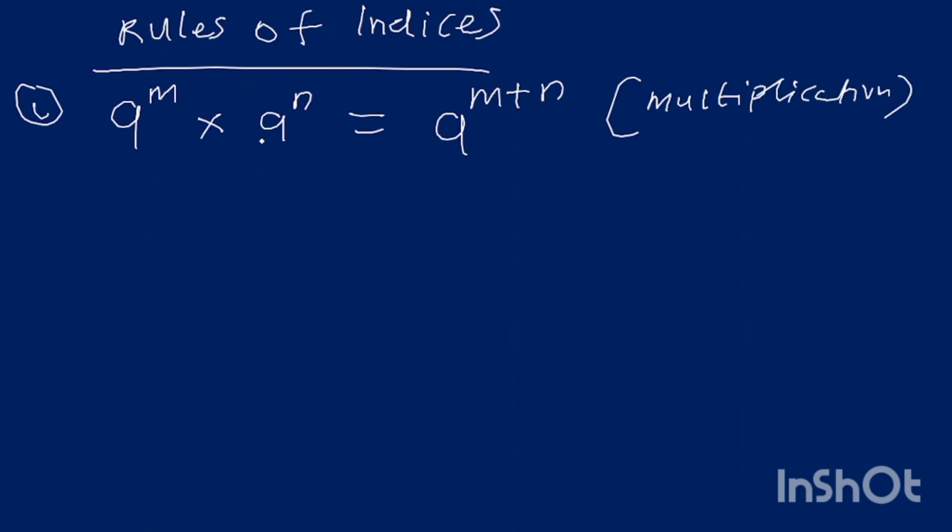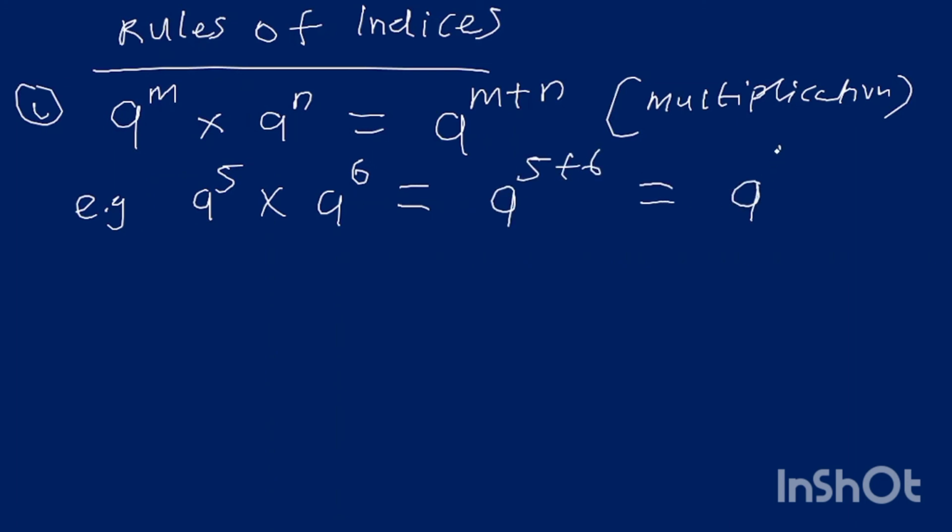So when you have the same base and different powers, all you have to do is to retain the base and then add up the power. For example, if I have a raised to power 5 times a raised to power 6, this is equal to a raised to power 5 plus 6, which is equal to a raised to power 11.